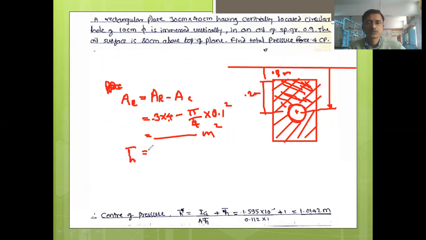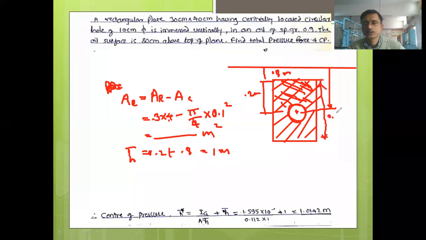So h bar is equal to 0.2 plus 0.8 is equal to 1 meter. Everyone, are you getting this point? Yes, sir. So this is 0.4 meters.